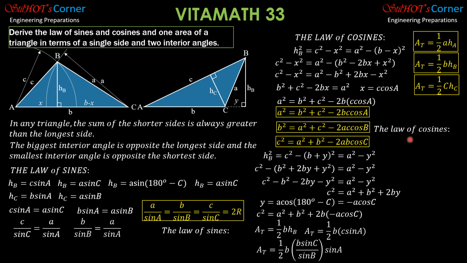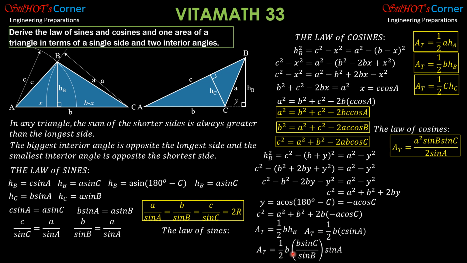So if you use A square, area of triangle is A square sine angle B sine angle C over 2 sine angle A. So I hope you can simply recognize that pattern from here.